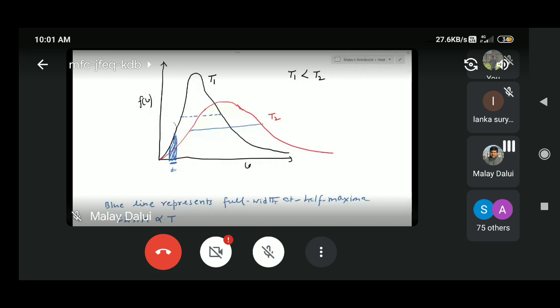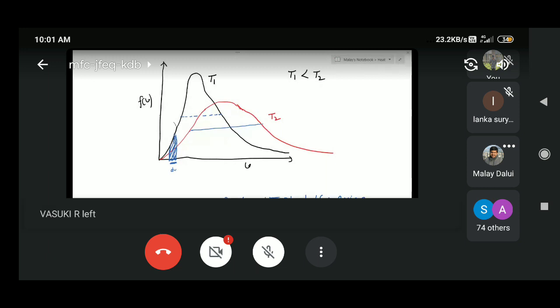So the higher the range, the higher the full width at half maxima, the higher the temperature. Okay, then we'll stop it here.